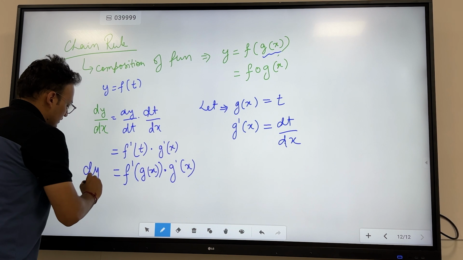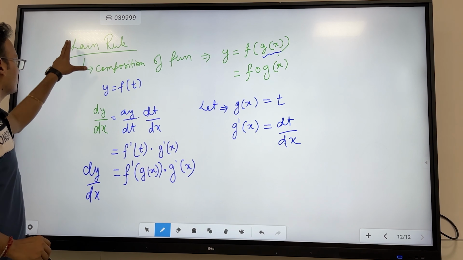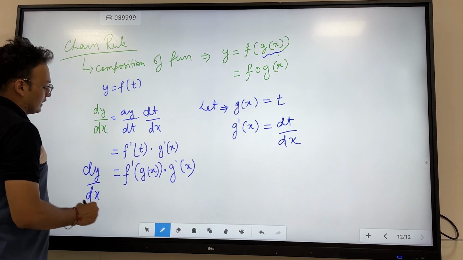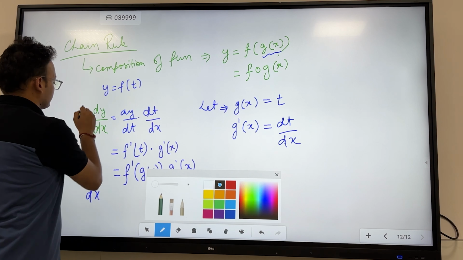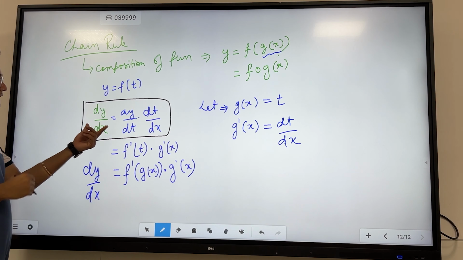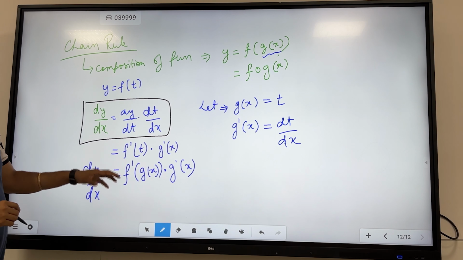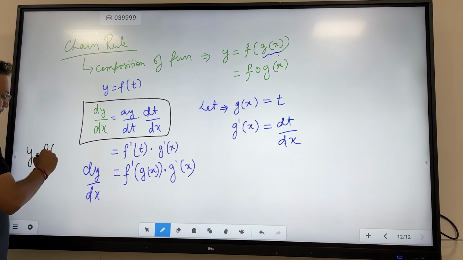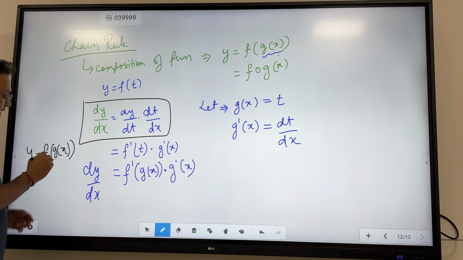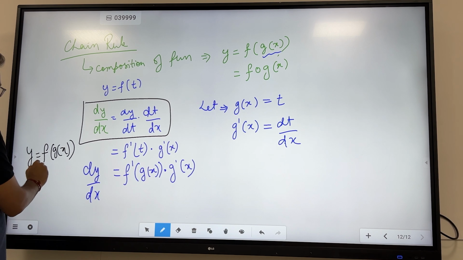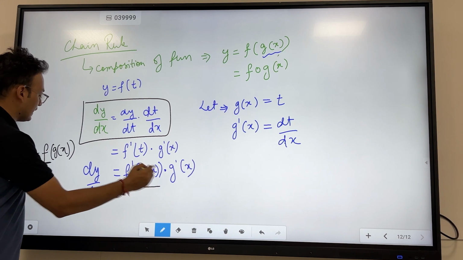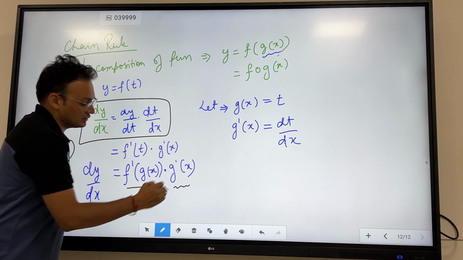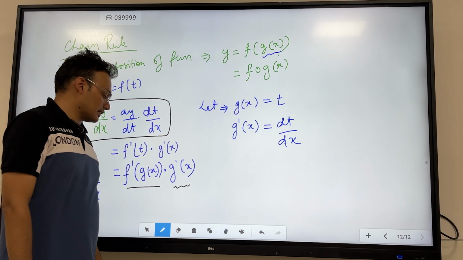So this is how the chain rule works, right? See, y is equal to f of g of x. So can I say differentiation of the outside function, times the inside function as it is, and then differentiation of the inside function, that is g dash.